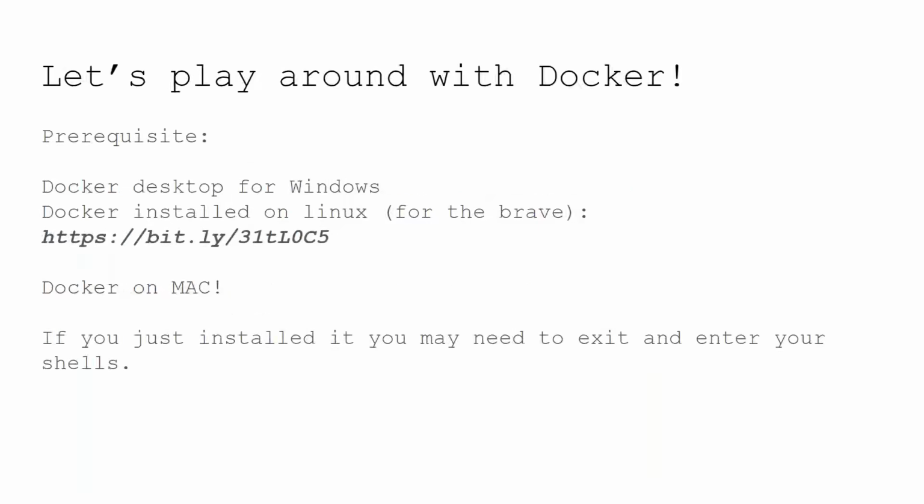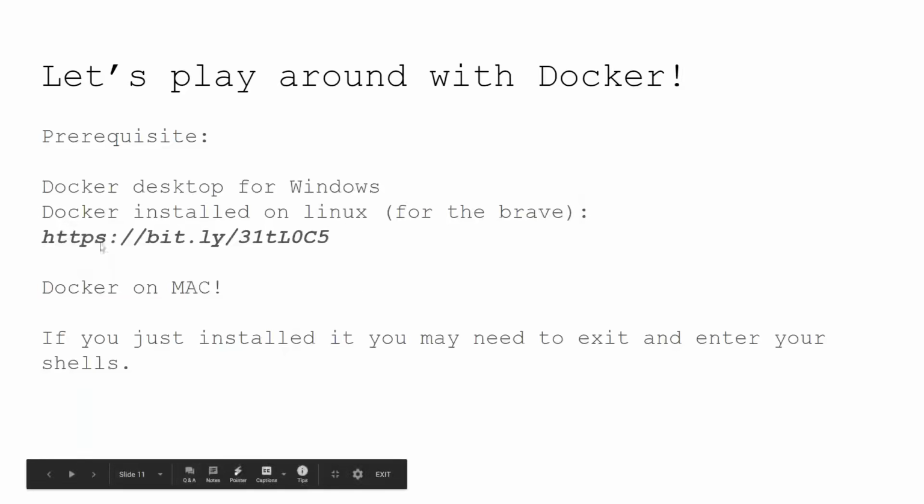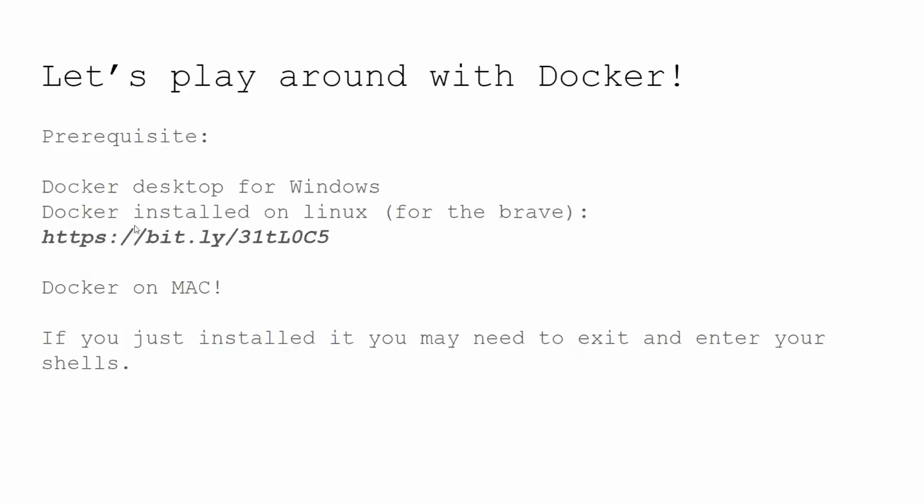So if we're going to play around with Docker, let's go ahead and get some stuff going. If you haven't got Docker installed and you're brave enough to download a script, you can read the script. On an Ubuntu-based or Debian-based distribution, you can use the script that I provided to get Docker installed.